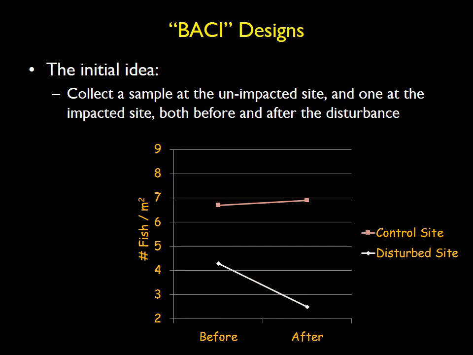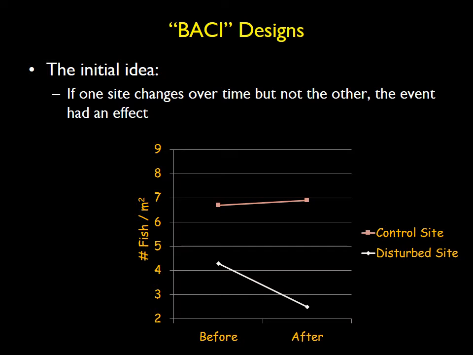After, the disturbed site number came even lower, while the control site increased slightly. So if one site changes over time and the other doesn't, then we conclude that that event had an effect. So it looks something like this, right? We're essentially testing the difference between our control and our disturbed site before the disturbance and then after. And in this case, you can see that value increased.